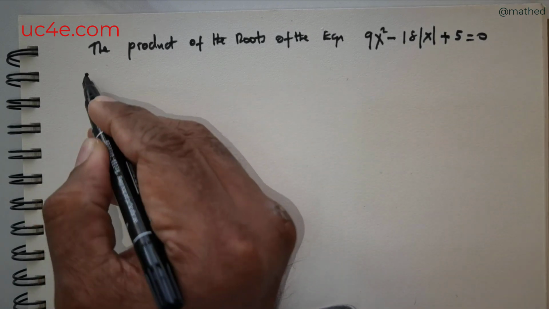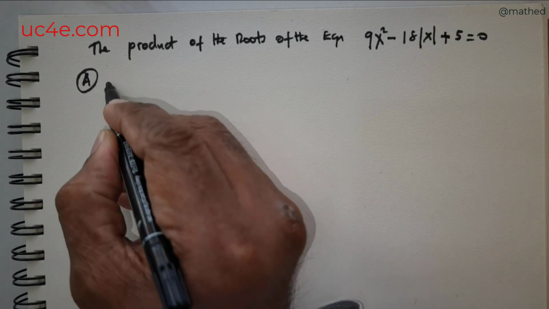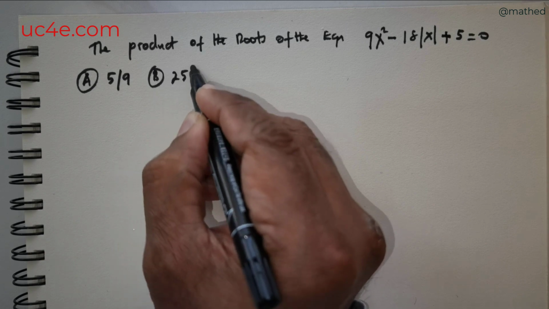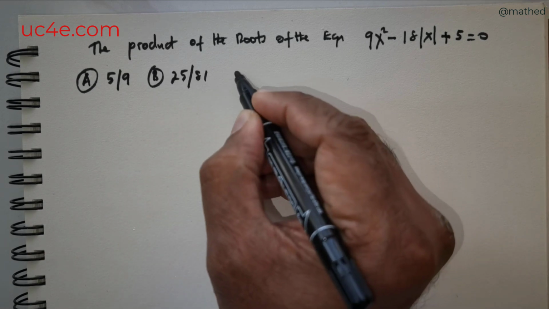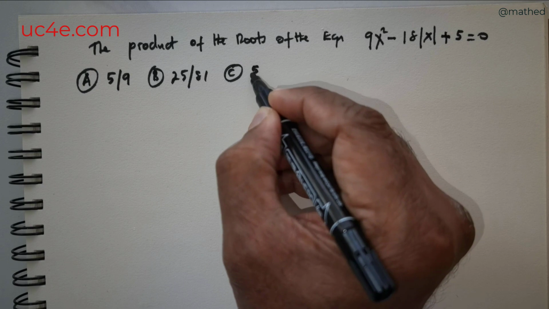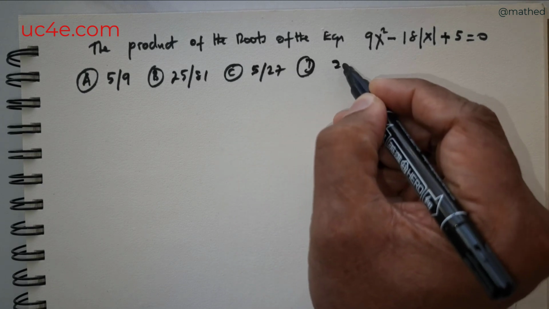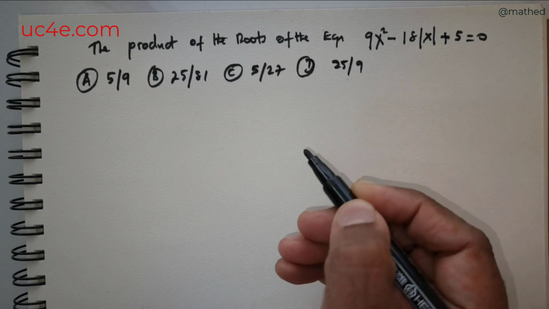We're given 4 choices: A is 5 over 9, B is 25 over 81, C is 5 over 27, and D is 25 over 9.